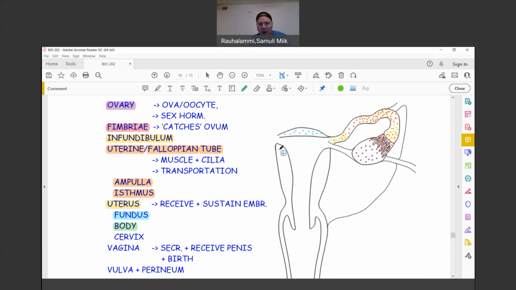And what we really hope happens is that the egg cell implants either to the fundus or the body of the uterus. These would be ideal locations because we don't really want the egg cell to implant to the cervix, which is the last part, because what will happen as the embryo develops, we will form a placenta.